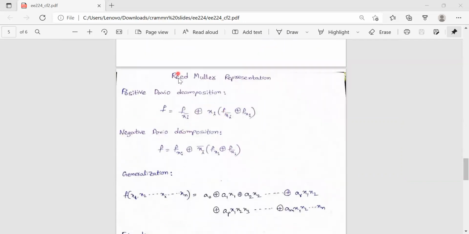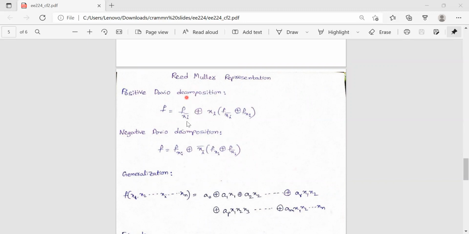The next canonical form is the Reed-Muller representation. According to this representation, we can represent any function using positive decomposition and negative decomposition.